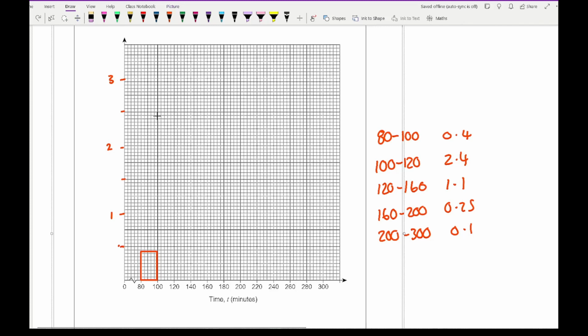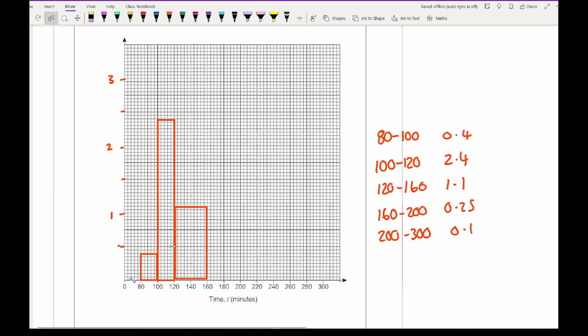Then 2.4 is up here. So it's just 1 shy of 2.5. Actually, it should be 2 shy, but there we go. Let's move that down to there. And this one actually should be there. For the next one, we're going to 1.1, but stretching it from 160. So 1.1 there.